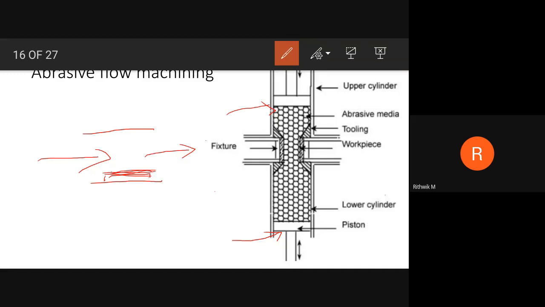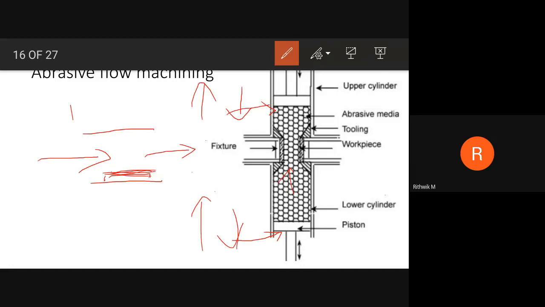So this is one-way flow. Here it is two-way flow, where you can see two pistons. In the first half, both pistons move downward, so the total mixture moves downward. Then it moves upward, and the carrier medium mixed with the abrasive particles moves upward. So this is the two-way flow.